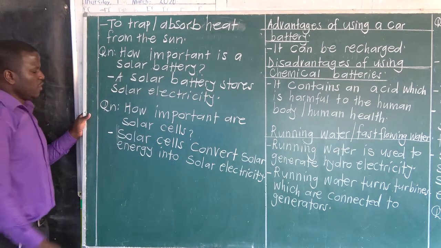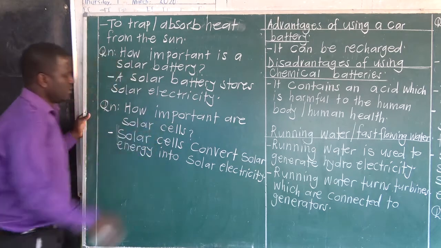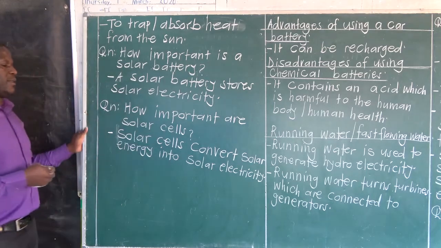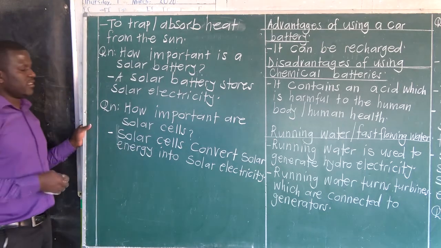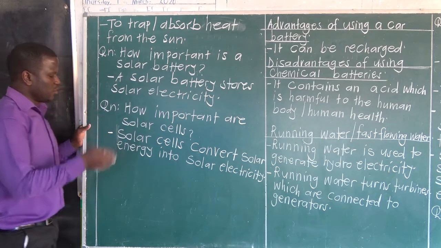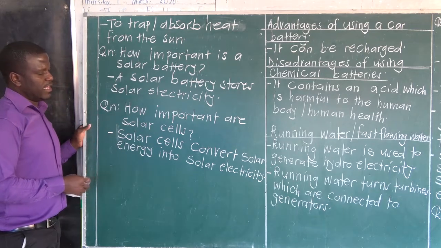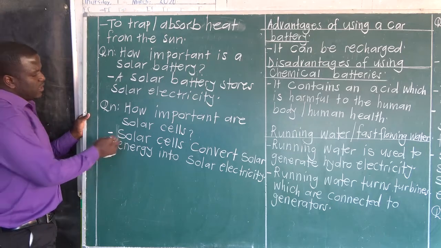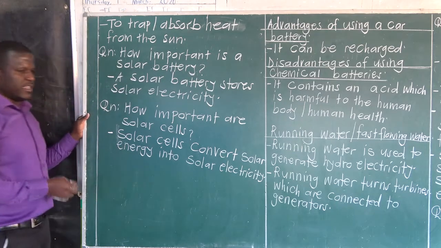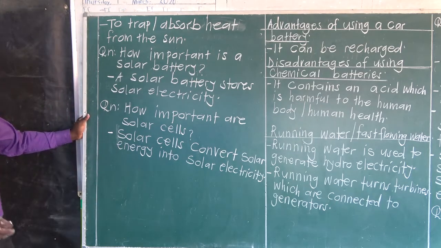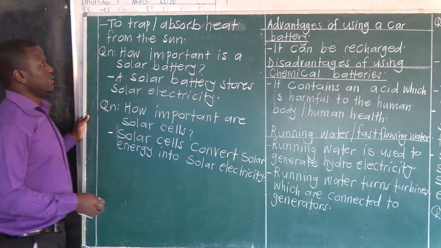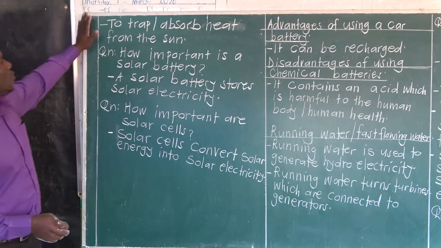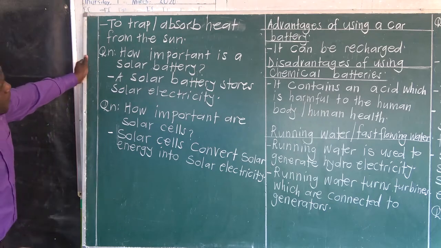So you need to know the importance of solar cells, and I told you the solar cells are found in a solar panel. Then these solar cells convert, or they change solar energy into solar electricity. If you don't want to say solar energy, you can also say heat from the sun. And there's a mistake which some people like making.